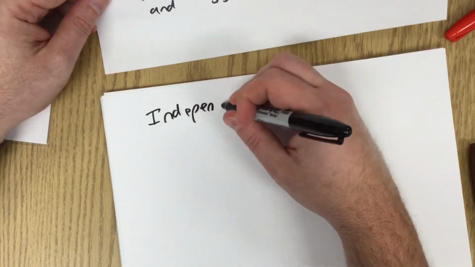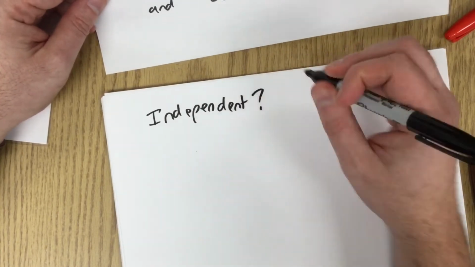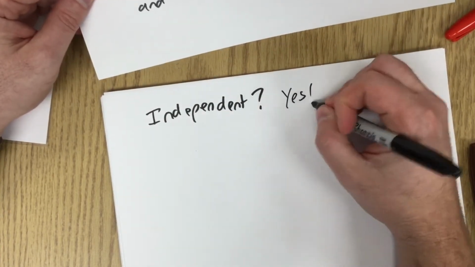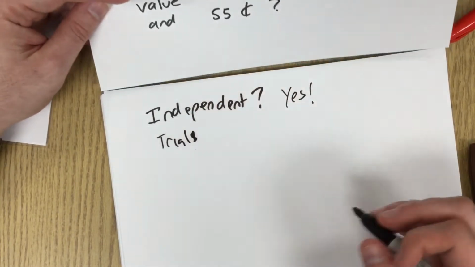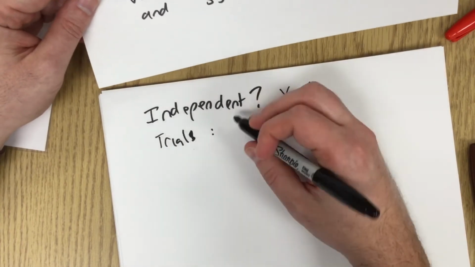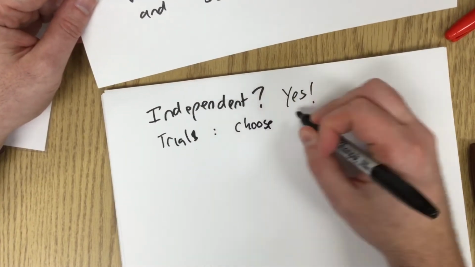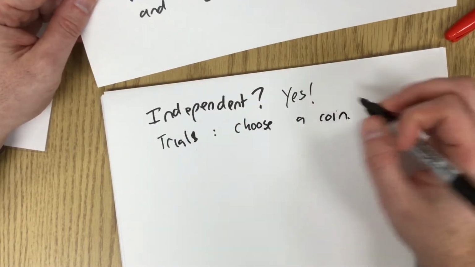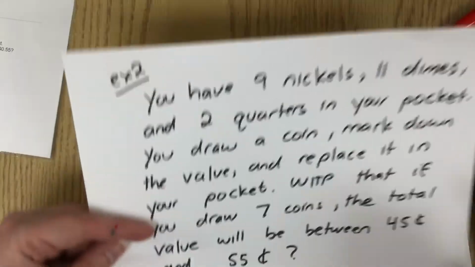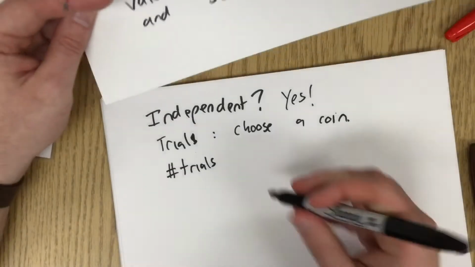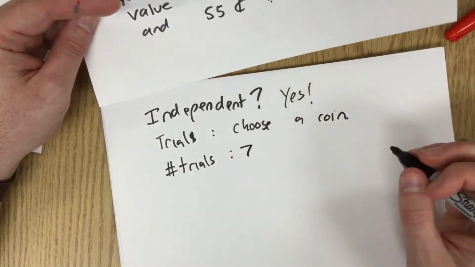Yes. We take a coin and put it back, so it doesn't change the probabilities at all. What would a trial be? A trial would be that we choose a coin and then put it back in our pocket. We're drawing 7 coins, so 7 trials.